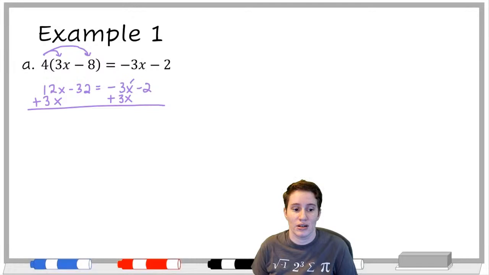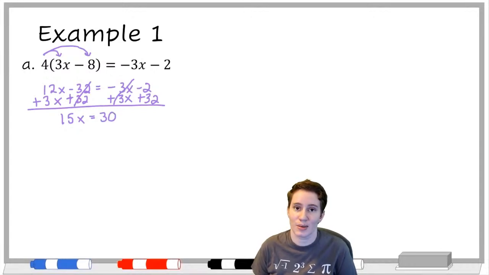And if you're not ready for this, then you can go ahead and write stuff down and then go on. But I feel ready to go ahead and add the 32 over to the right side on the same step. And so that means I've got 15x, because that's 12x plus 3x, equals negative 2 plus 32, which is 30.